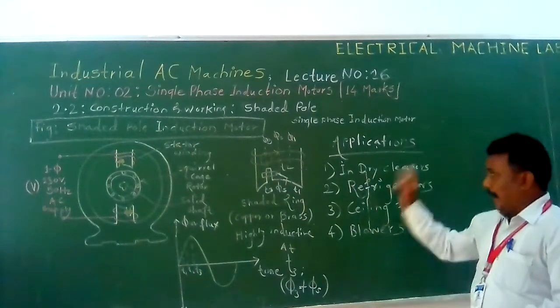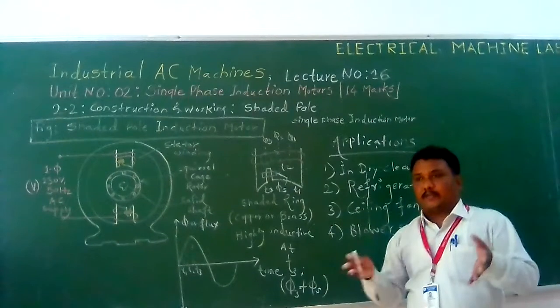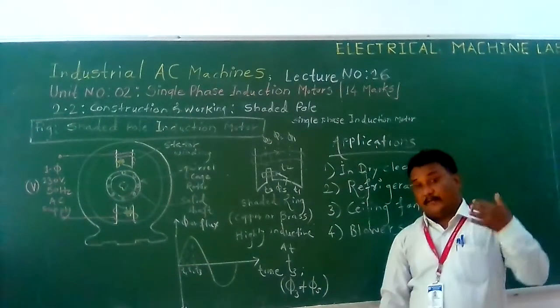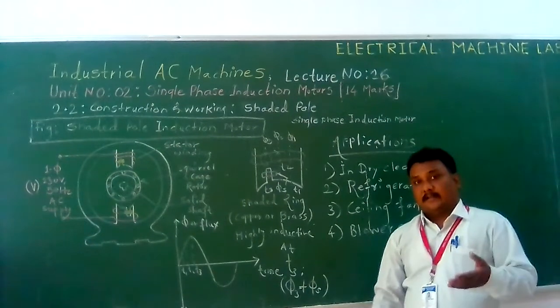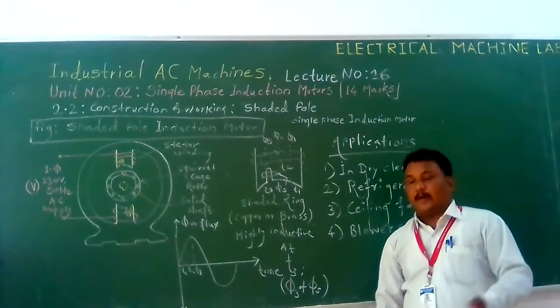Again I repeat, application in dry cleaners, where heavy clothes are mounted in a chamber and very high starting torque is required. Also in running, whenever clothes get wet, high running torque is also required.